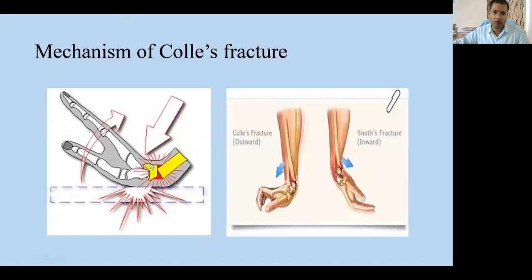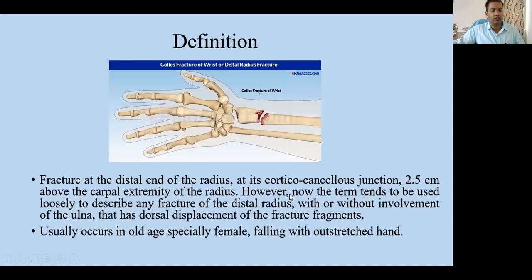That is the characteristic feature of the Colles' fracture: a fracture of the distal 2.5 centimeter of the radius, with displacement of the distal fragment to the dorsal side.